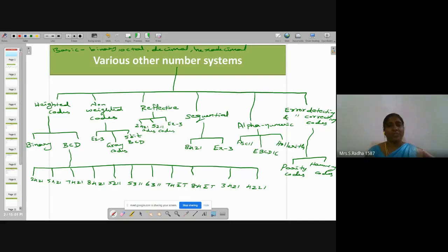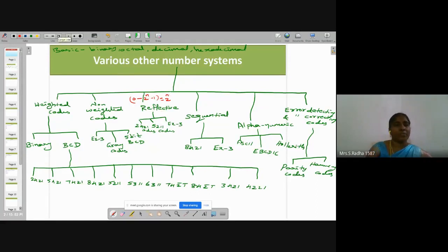So reflective codes means, whatever numbers you have from 0 to 2 power n minus 1, it will be the same as, wait one minute.